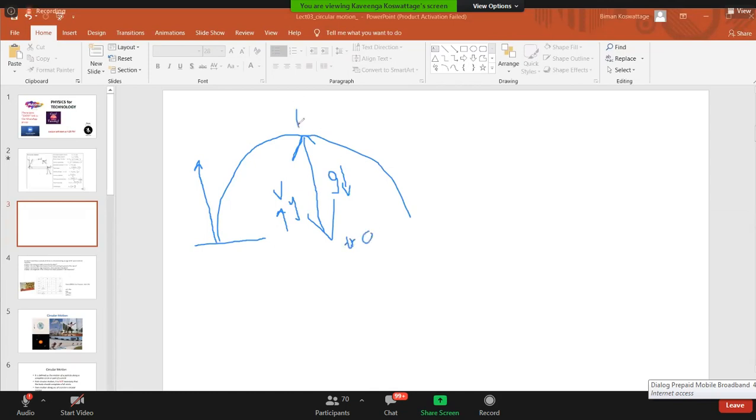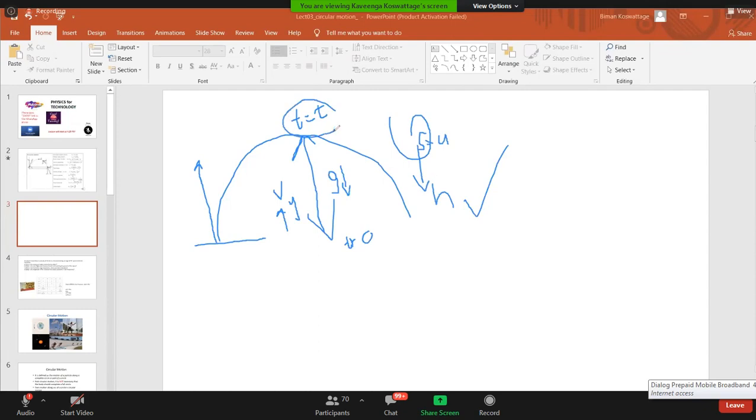And this is t equal to t. If you write the equation, you can find this particular value. So once you know the t, then using s equals ut plus half at squared, you can find this particular s. This is h, right? So you can have h.